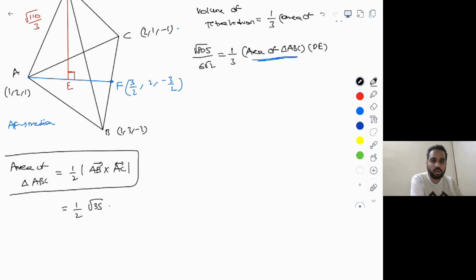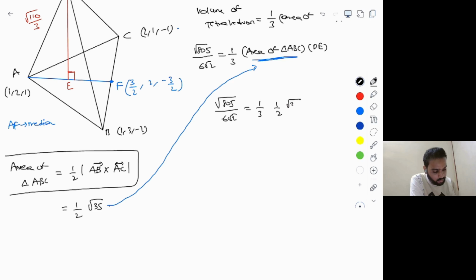So if you do the cross product here, you will get it as 1 by 2 times the square root of 35. Okay. Now let's take that area of the triangle ABC and substitute it here, from which you get square root of 805 divided by 6 root 2 is equal to 1 by 3 times, and here what is the value that we got? 1 by 2 into square root of 35 multiplied by DE.